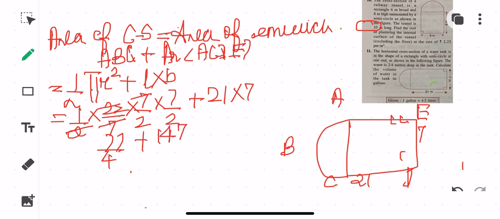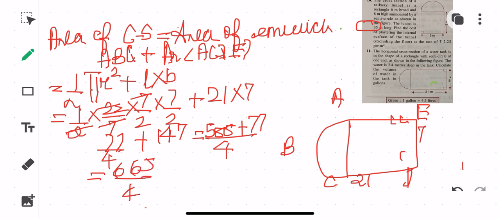So if you take the LCM here, this is going to come out to be 588 plus 77 upon 4. When you calculate this, in turn it is equal to 665 divided by 4 meter square.